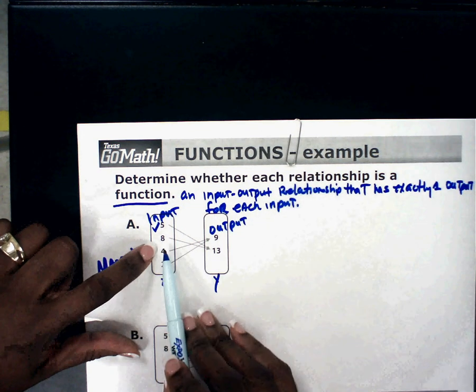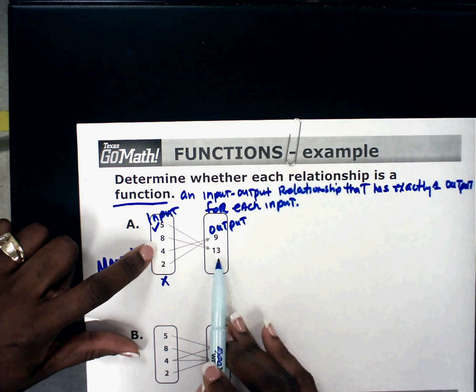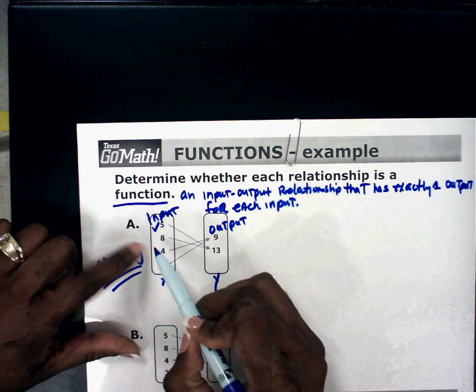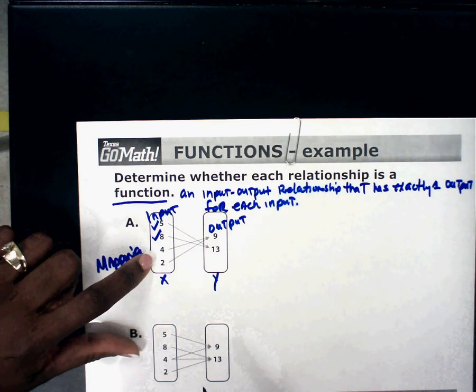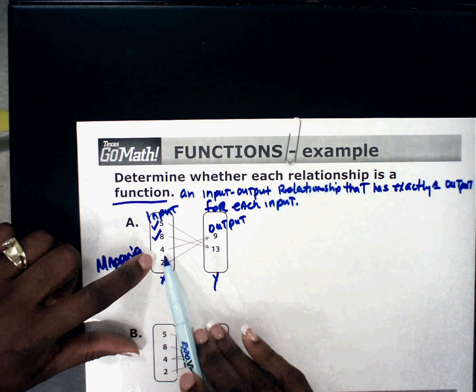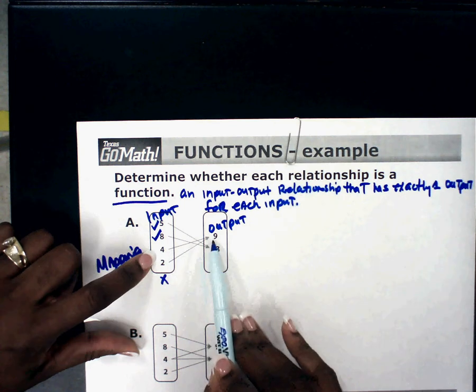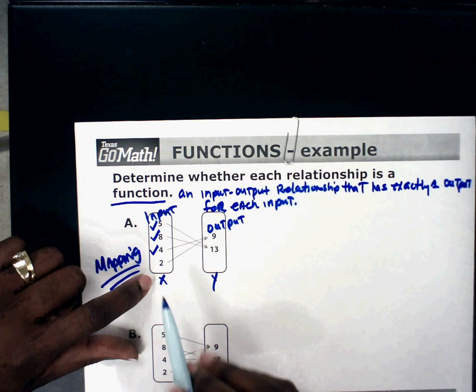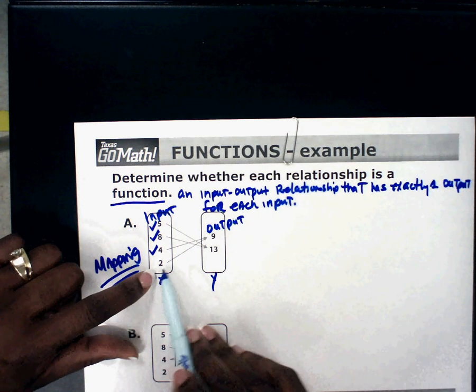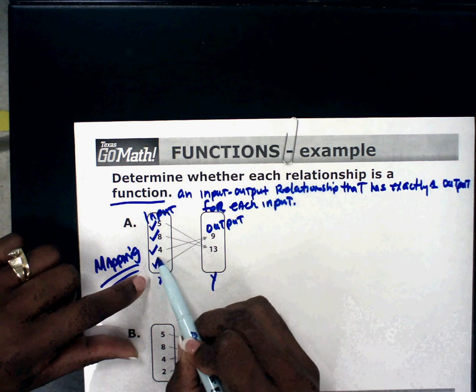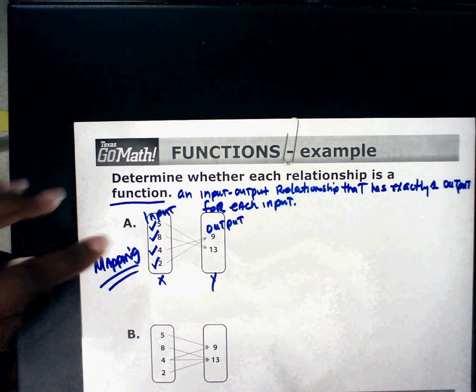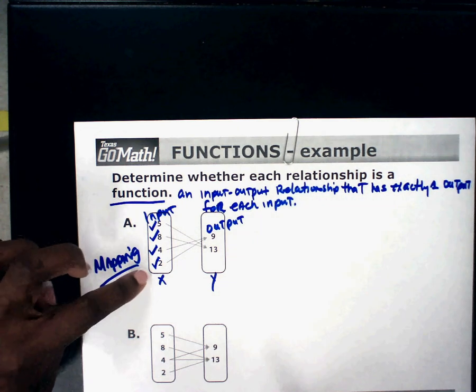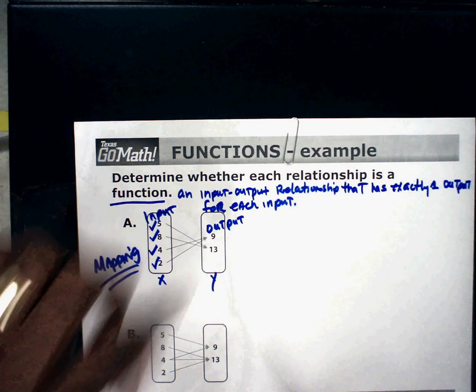The input of 8 is mapped to the output of 13. That's okay, it's a one-to-one relationship. Then we look at 4, it is mapped to 9 only, and so this one will work. And then our last one is the input of 2, and it's mapped to 9 only. So we have one input for every one output.